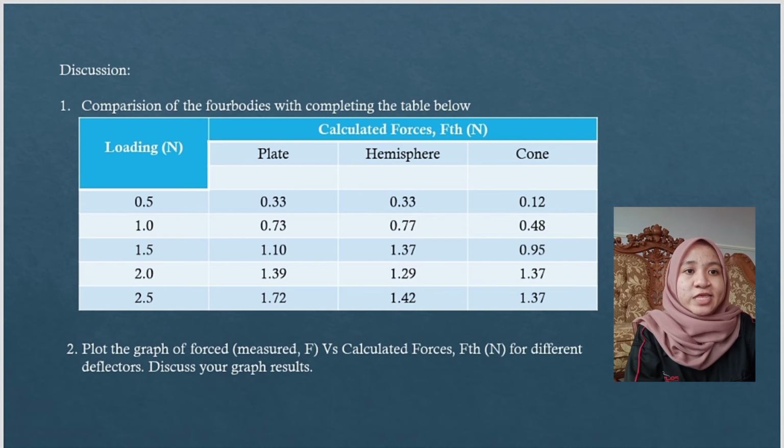And then this is the discussion, comparison of the four bodies, completing the table below. The loading in N is 0.5, 1.0, 1.5, 2.0, and 2.5. And the calculated force FTH for the plate is 0.33, 0.73, 1.10, 1.39, and 1.72.